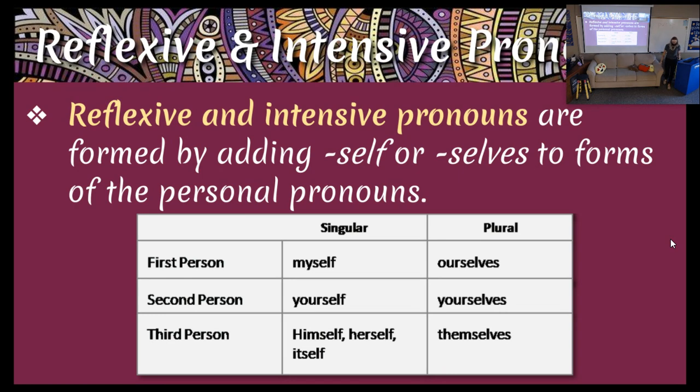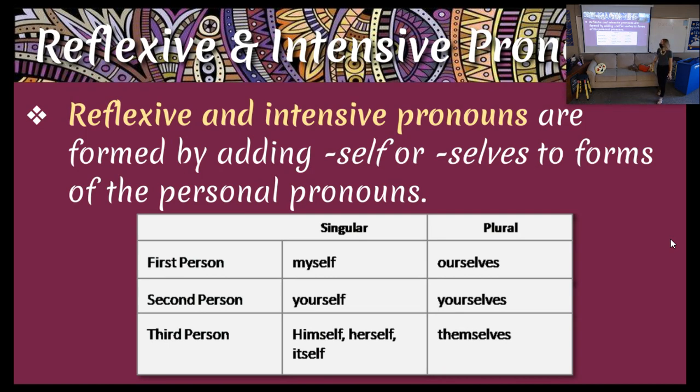Now they're called reflexive and intensive because they actually reflect back on another noun or pronoun in the sentence. So the key with these guys is they cannot be the only noun or pronoun in the sentence. They have to have another noun or pronoun to reflect back on.